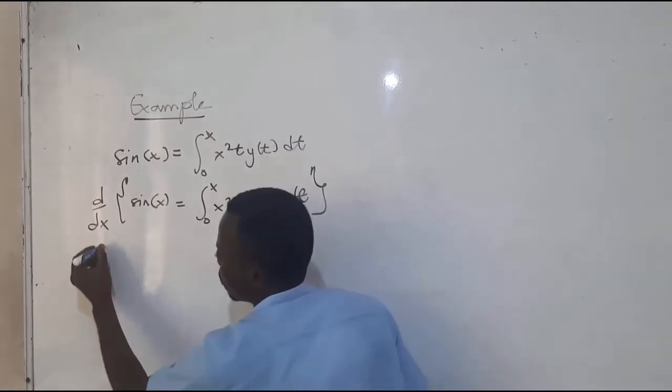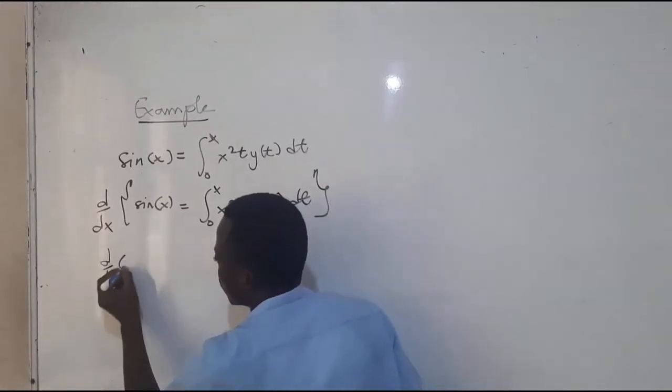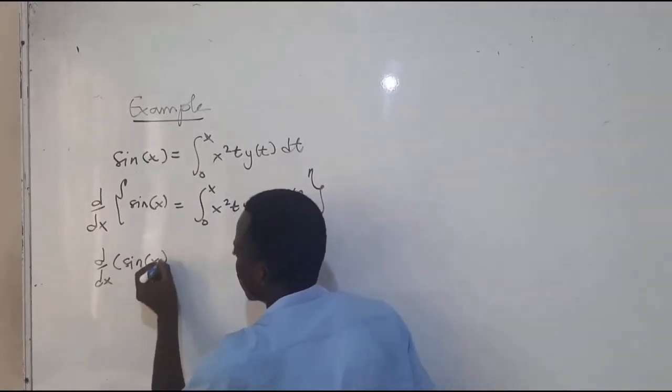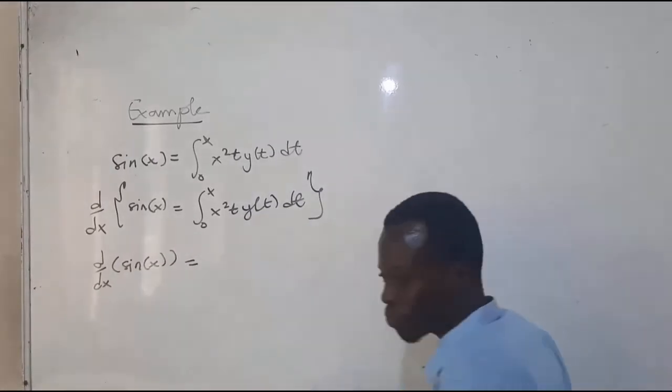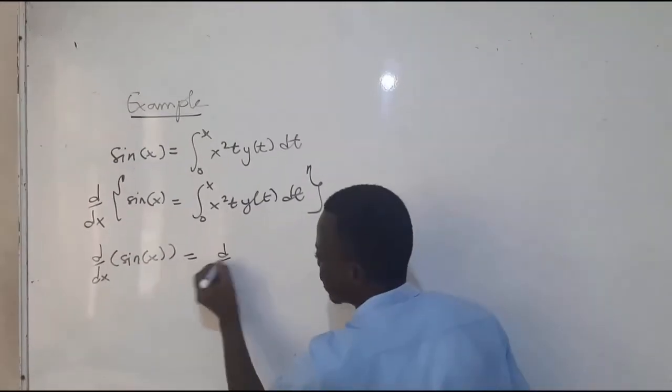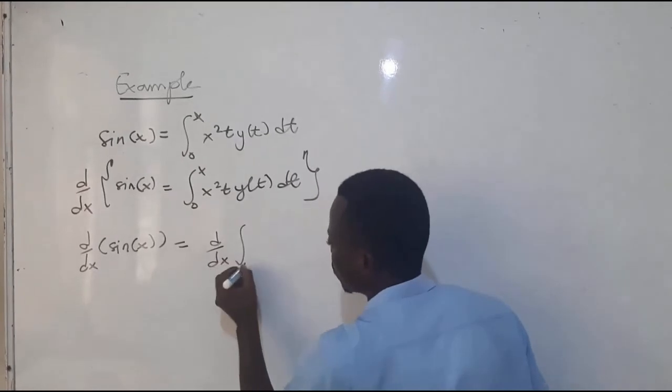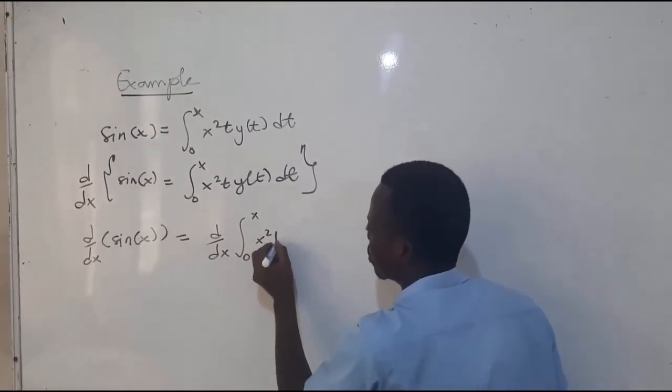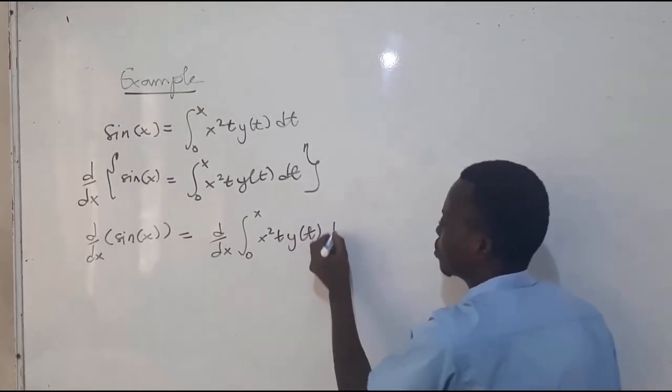We have d/ds of sine s to be equal to d/ds of the integral from 0 to s squared of t y of t dt.